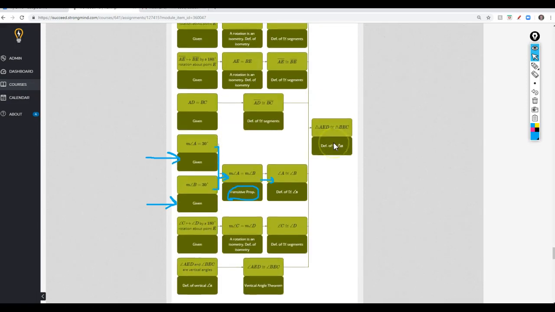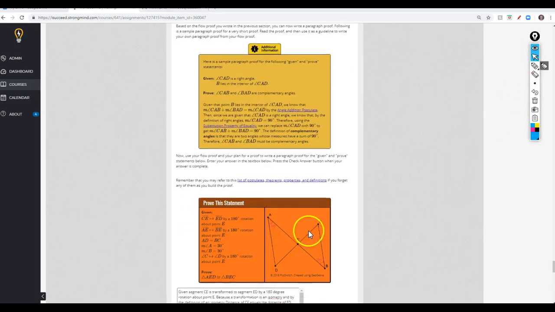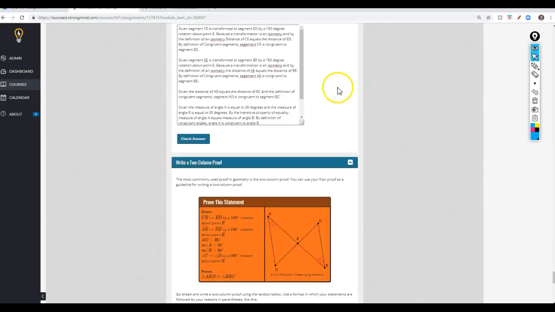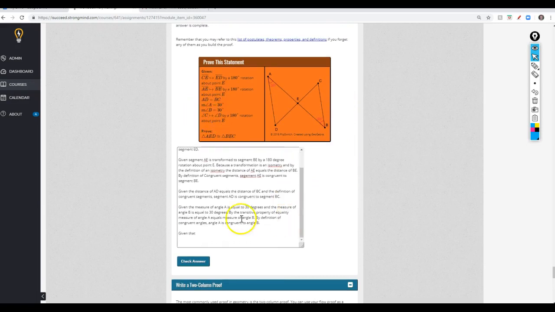Alright, so that's that section of the flow chart. And then we have two more things because these ones were combined. This one is not combined by anything, so we're just going to start here. So given that angle C is a transformation to angle D by point E, alright, that's what we're going to start with. So now we're going to say, given that, and I gotta scroll up, so we're right here on the given part.